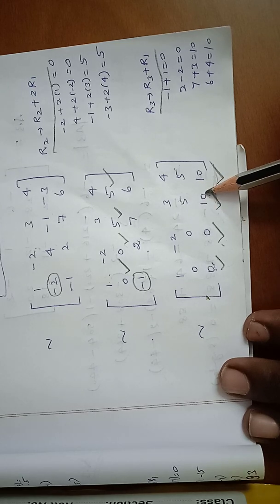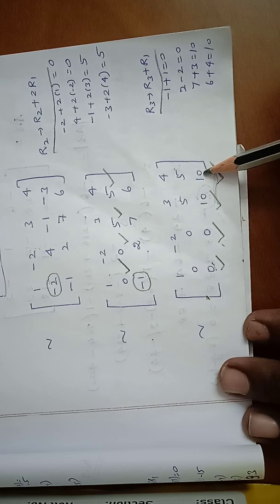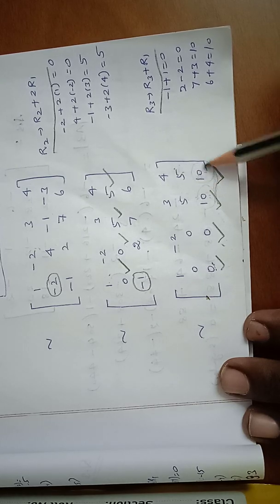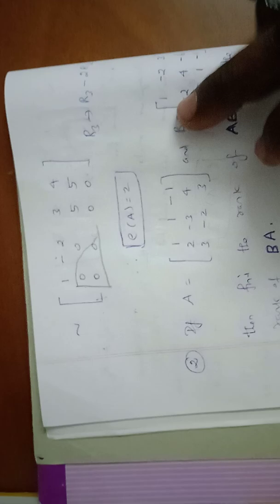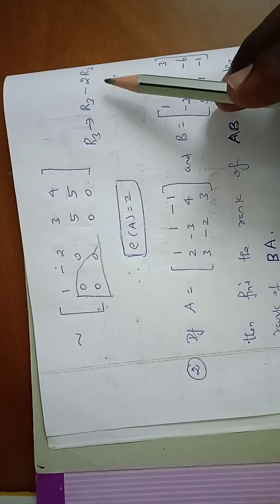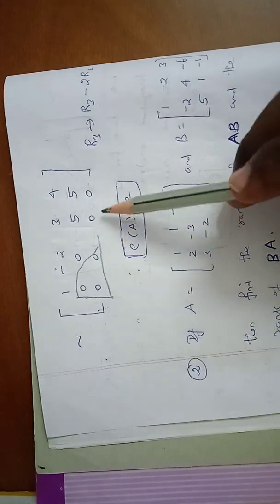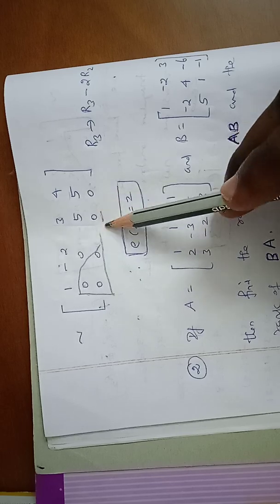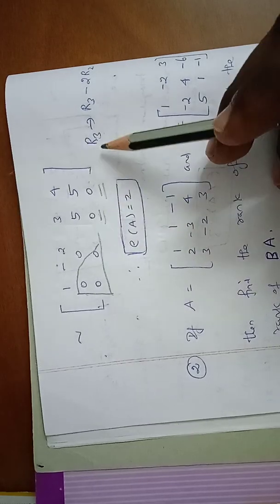So R3 tends to R3 minus 2 R2. This element becomes 0. Again, 10 minus 2 into 5 automatically becomes 0. So these two terms become 0.